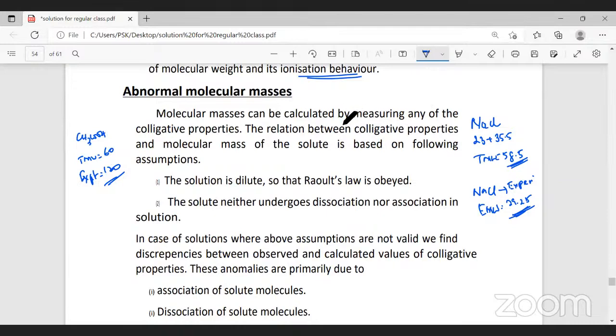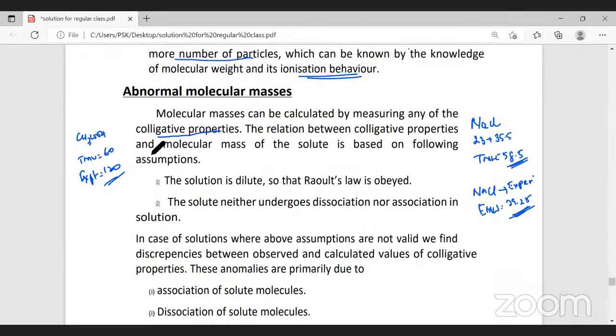Molecular mass can be calculated by measuring any of the colligative properties. We can use osmotic pressure, elevation in boiling point, depression in freezing point, or the lowering of vapor pressure. Any of the properties can be used.